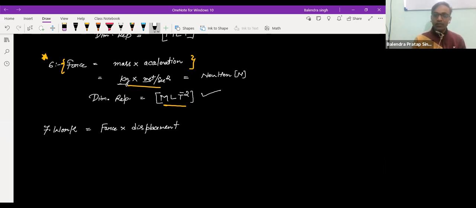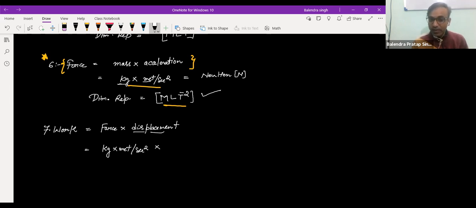Now it's very useful. As I said, the unit of force is kilogram meter per second square, and into displacement.